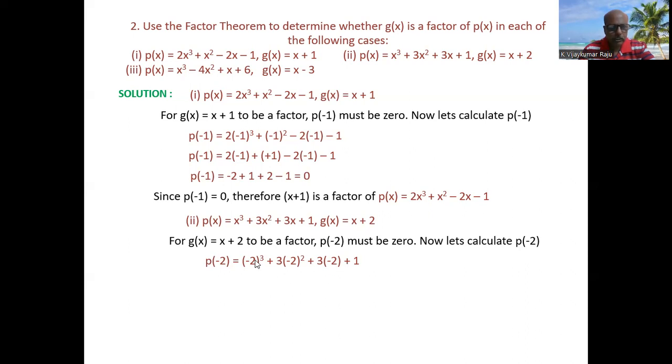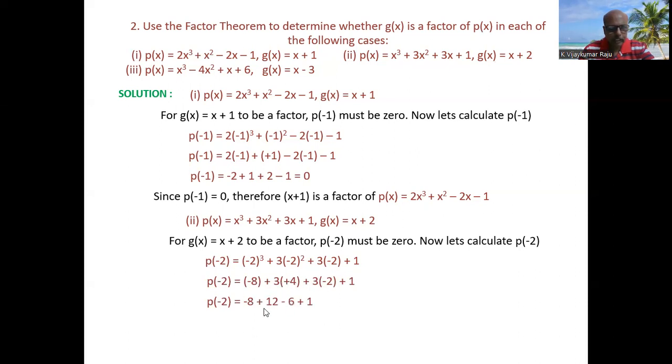Minus 2 cubed is minus 8. Minus 2 into minus 2 is plus 4, 4 threes are 12, positive. Plus 3 into minus 2 will be minus 6.